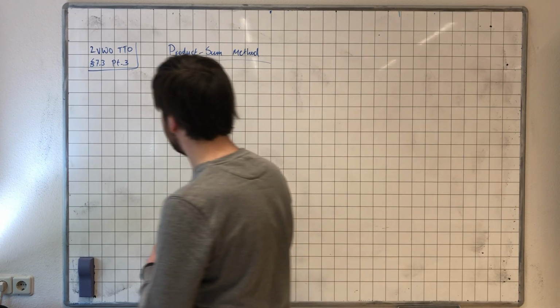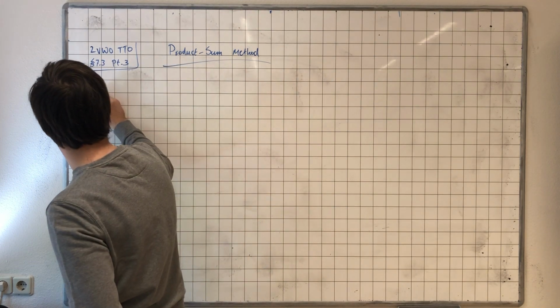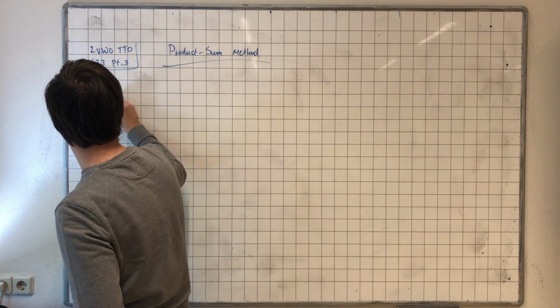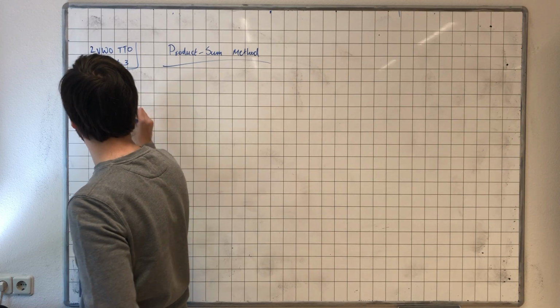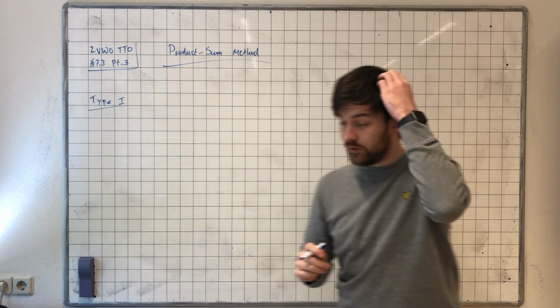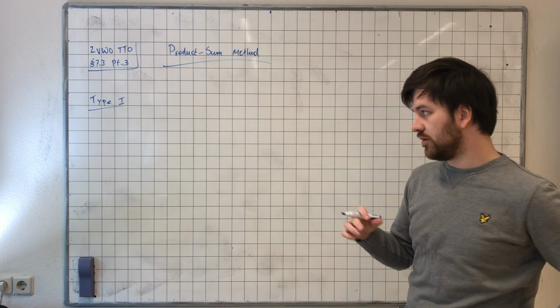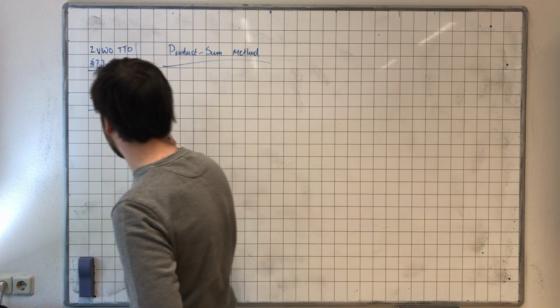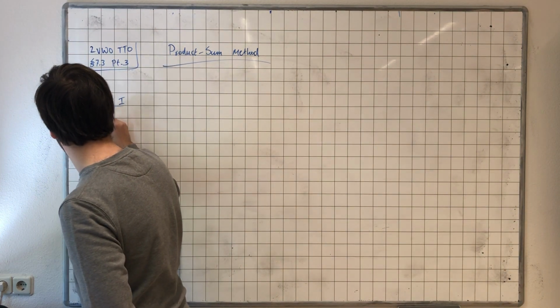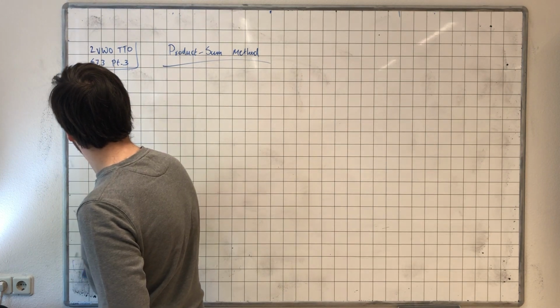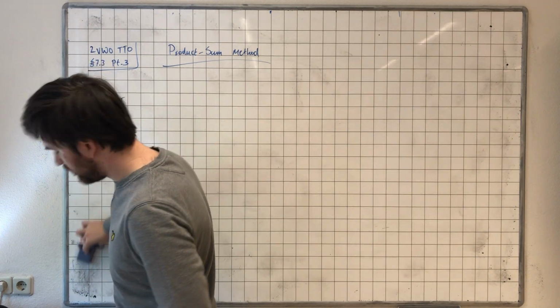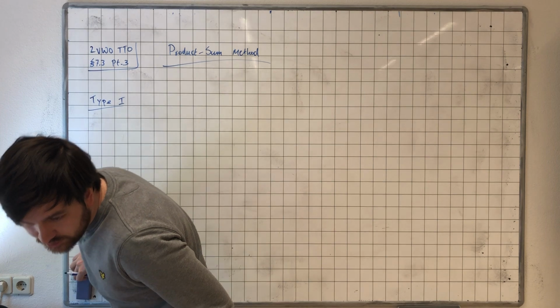The first one, I'm going to call them type 1, 2 and 3 for this video, is basically just the normal product sum method. I'm going to write it down in a different way just to be clear.